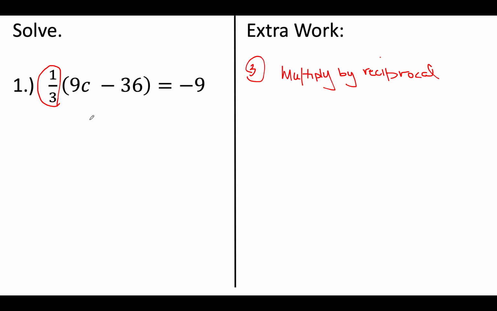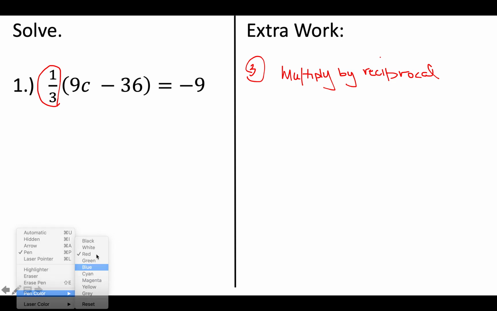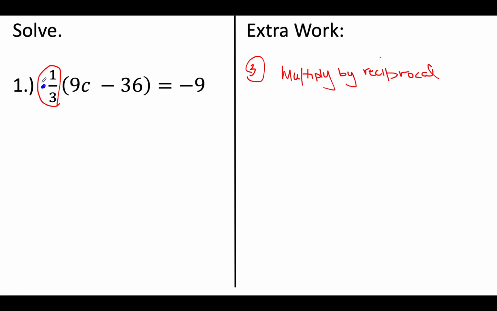So to get rid of this, we're simply going to multiply by the reciprocal. Now you have to know what the reciprocal is, and you do. You've just heard it in different ways. It's flip. Okay. So all you're going to do is multiply both sides by 3 over 1. Again, this works as long as there's no extra term hanging out here.